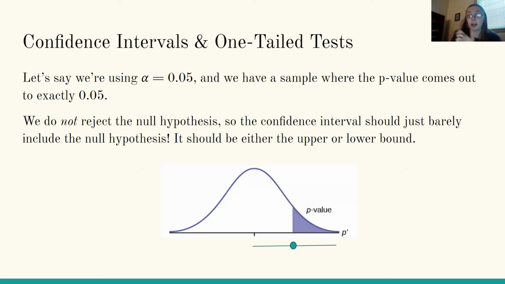It should either be the upper bound of the confidence interval or the lower bound. In this picture, where we're doing a right tail test, it's the lower bound, right? The very left of the confidence interval is right at the null hypothesis. They're in the center of our distribution. Okay, so the distance between our sample result and the null hypothesis is exactly the margin of error.